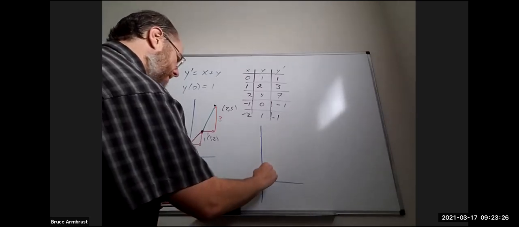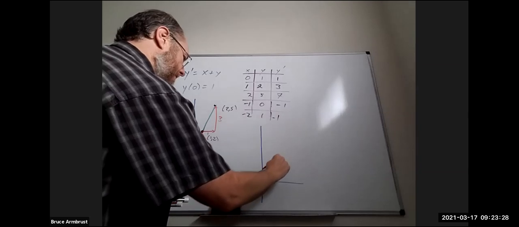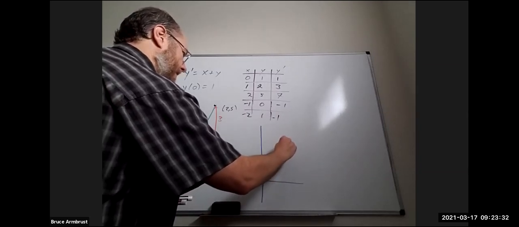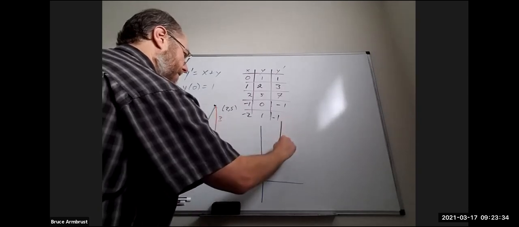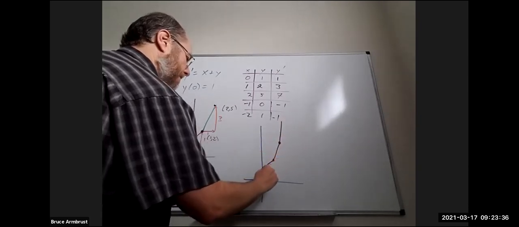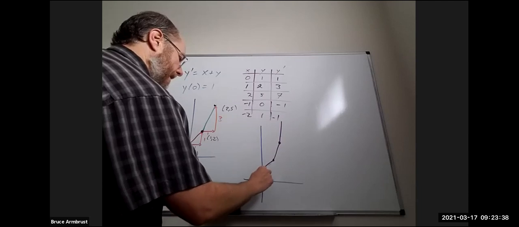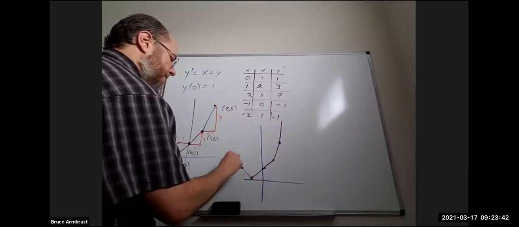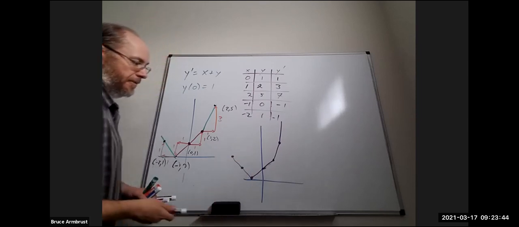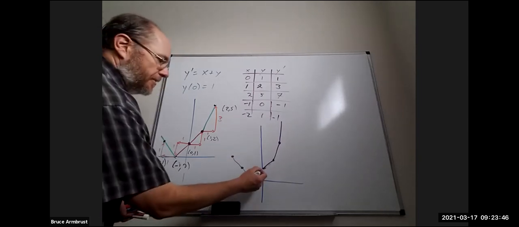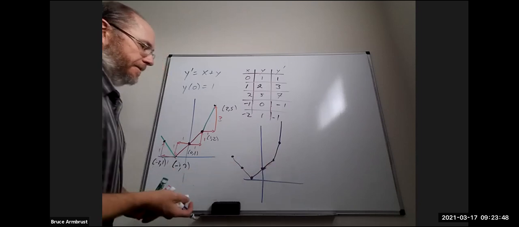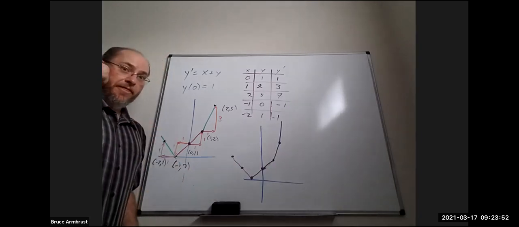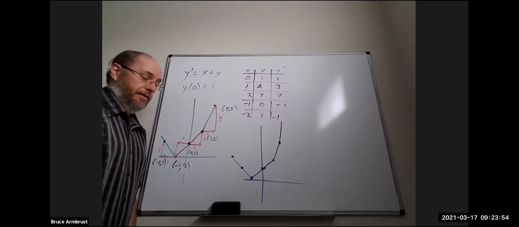But we had this one, followed by this one, followed by, I didn't draw the next one, but it's going to be steeper. And then we had this one, and there was going to be another one that looks like that. Okay, so this is the collection of all those line segments. That's an approximation for what that solution looks like.